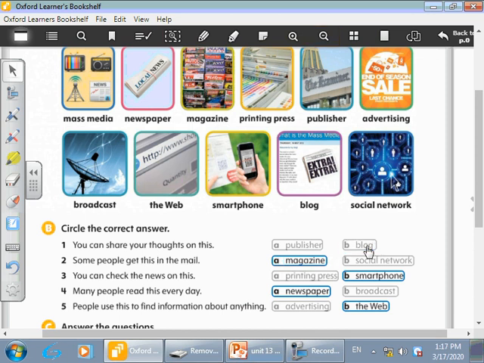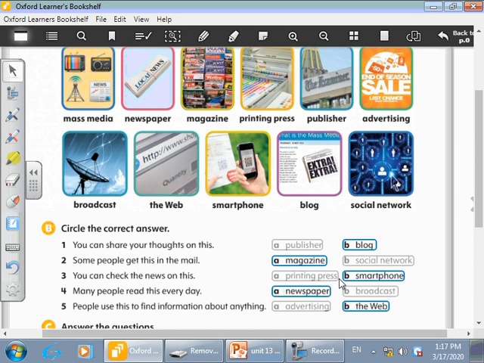Yes, it's blog. Because we said before that blog is a place or is the page that you write your personal thoughts and diary on. Some people get this in the mail. What is this? Is it magazine or social network? It's magazine. Perfect.